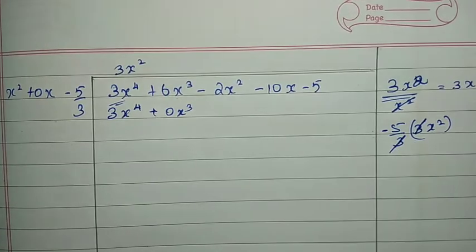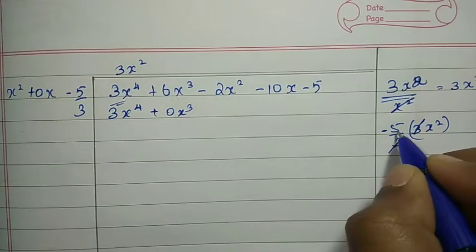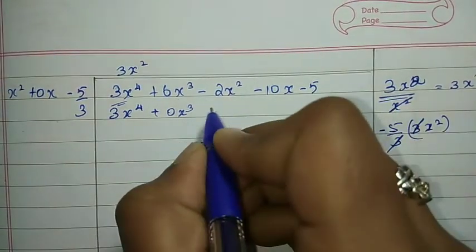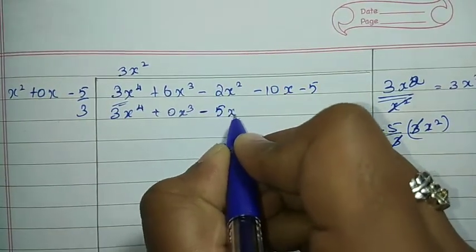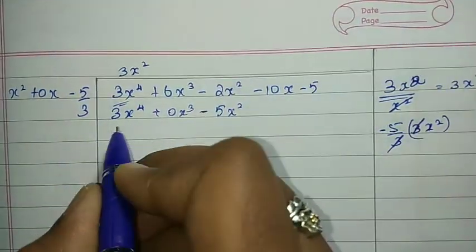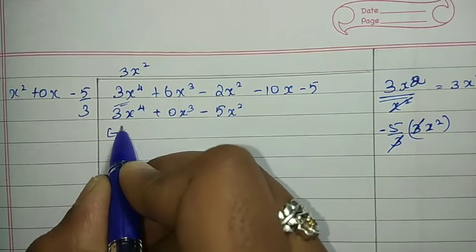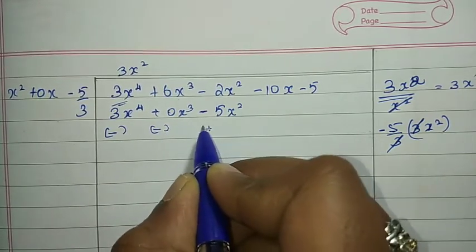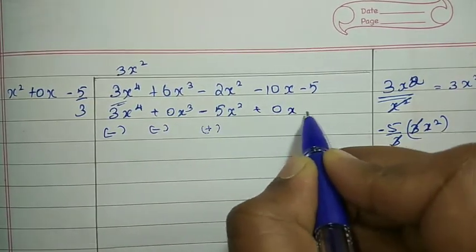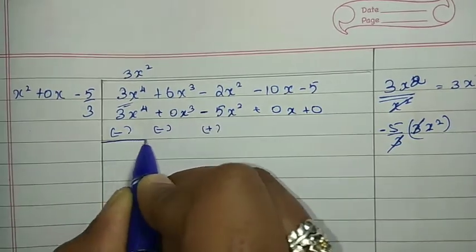So 3 and 3 will get cancelled, isn't it? So minus 5x², minus 5x². Fine. So here I will be changing the sign, minus to plus, and this will be plus 0x plus 0.